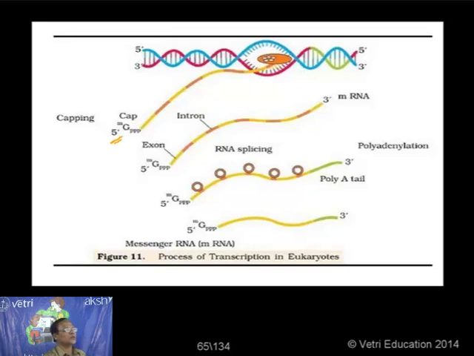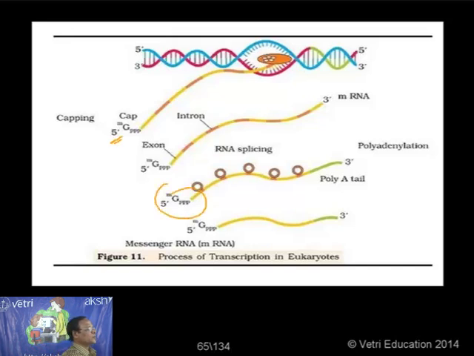As soon as the transcription starts, the capping also occurs, for the recognition of the mRNA by the ribosome. So you see the cap formed at the 5' end, that is 7-methyl guanosine triphosphate. So this is the capping process.